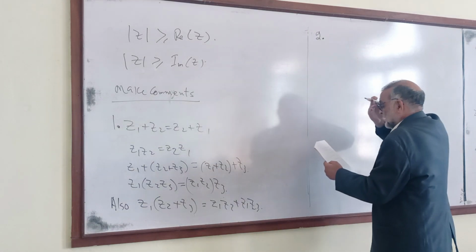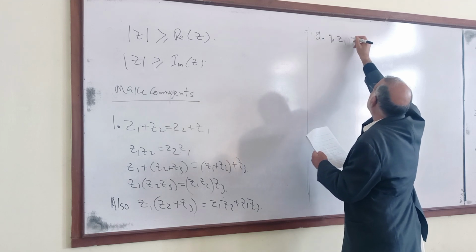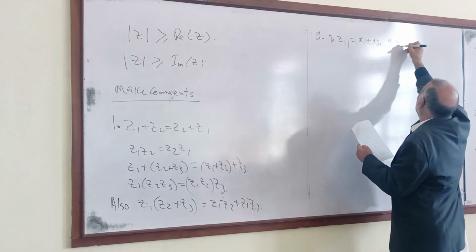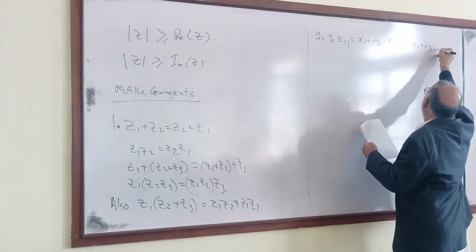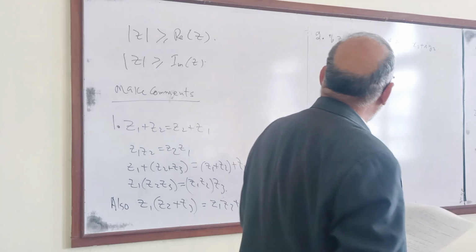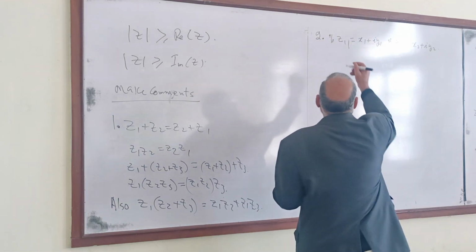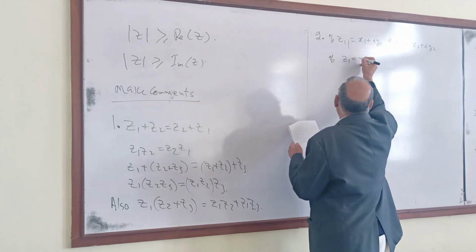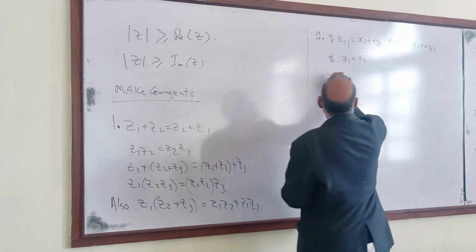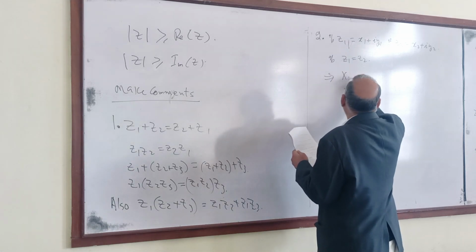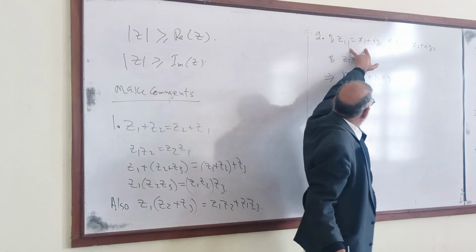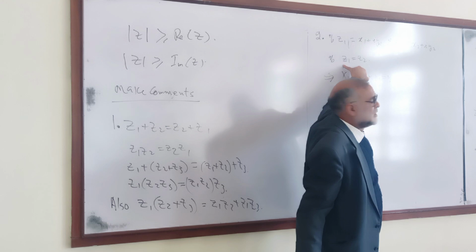Property number 2. If Z1 is equal to x1 plus i y1 and Z2 is equal to x2 plus i y2, and if Z1 equals Z2, this means that x1 equals x2 and y1 equals y2.